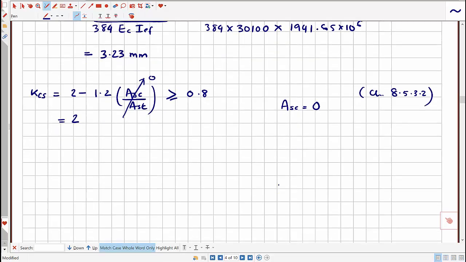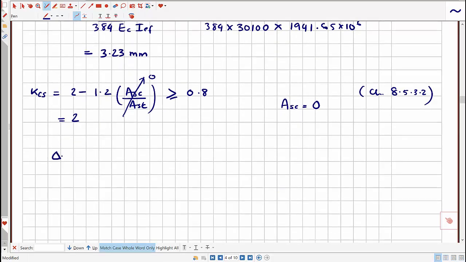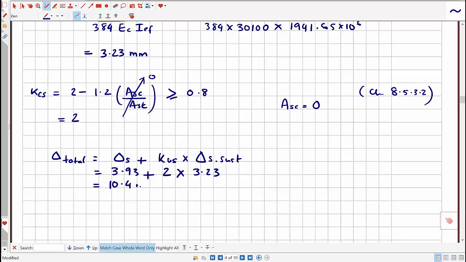With that, you can find the long-term or total deflection in the beam: delta S plus KCS times delta S sustained, which is 3.93 plus 2 times 3.23. Therefore the total long-term deflection in the beam is 10.4 millimeter.